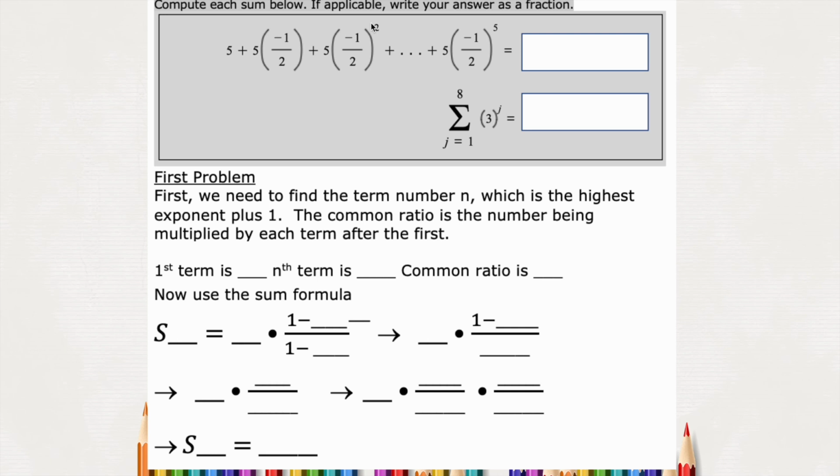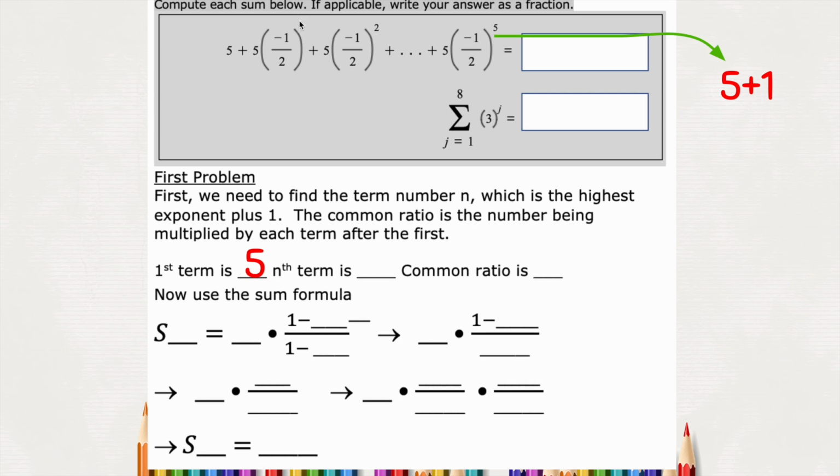Doesn't mean 0. And then we have 2, and then the next one 3, 4, and 5. So we can actually see everything the way they have this written. So the first term is 5. We can definitely see that here. The term number is actually the exponent plus 1, because they're not counting this first one.